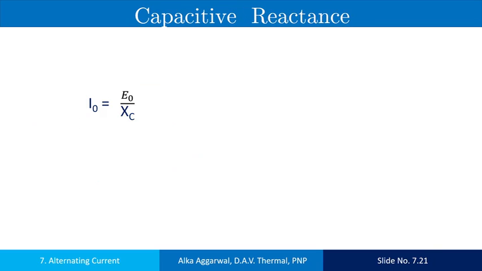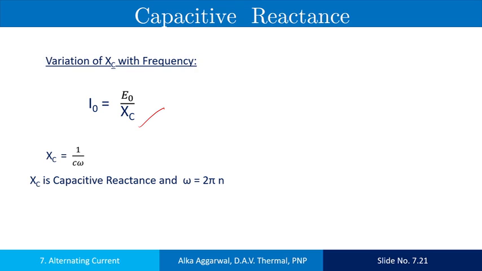Now the capacitive reactance. As you know, the current is given as E naught upon Xc, and Xc is equal to 1 upon C omega. This Xc is called the capacitive reactance. Omega, again, is equal to 2 pi n.